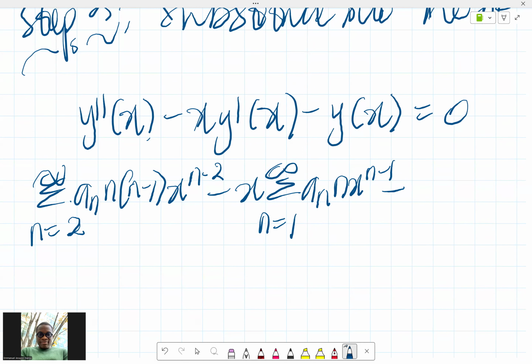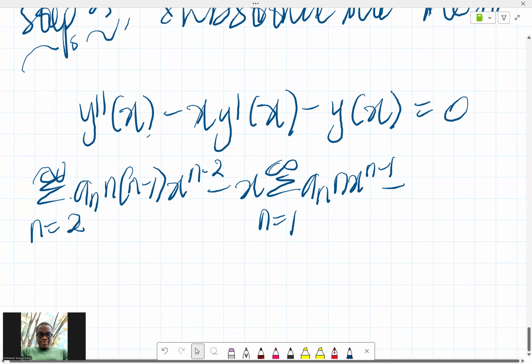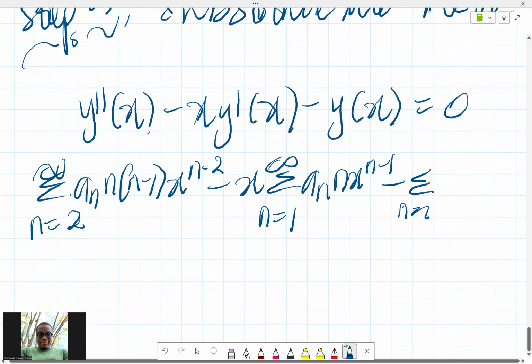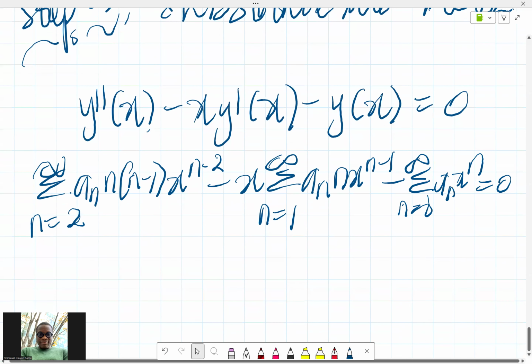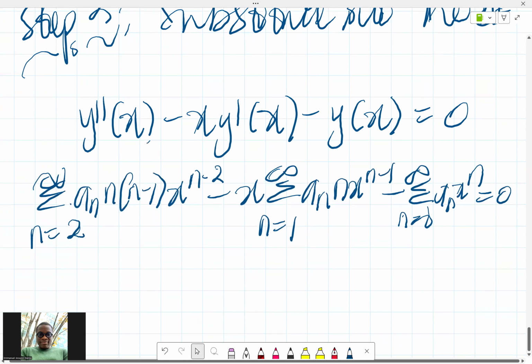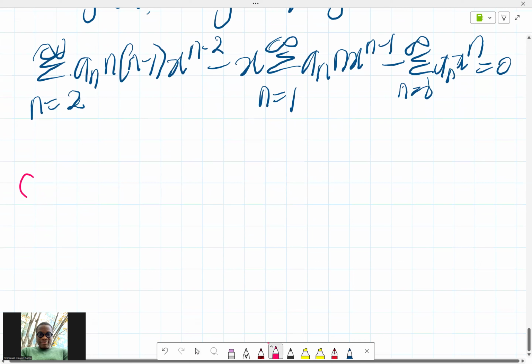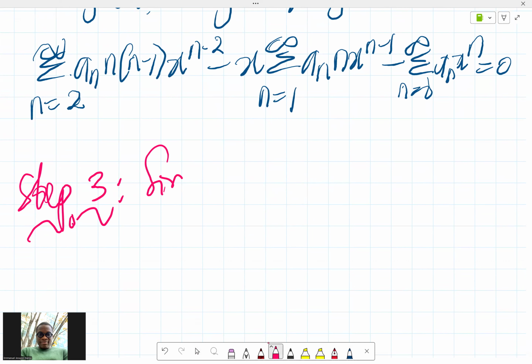And lastly, you have y of x itself, which is the summation from n equals 0 to infinity of an x raised to n. All of this is equal to 0. That's the second step. With that done, you move on to step 3, where you simplify the equation.